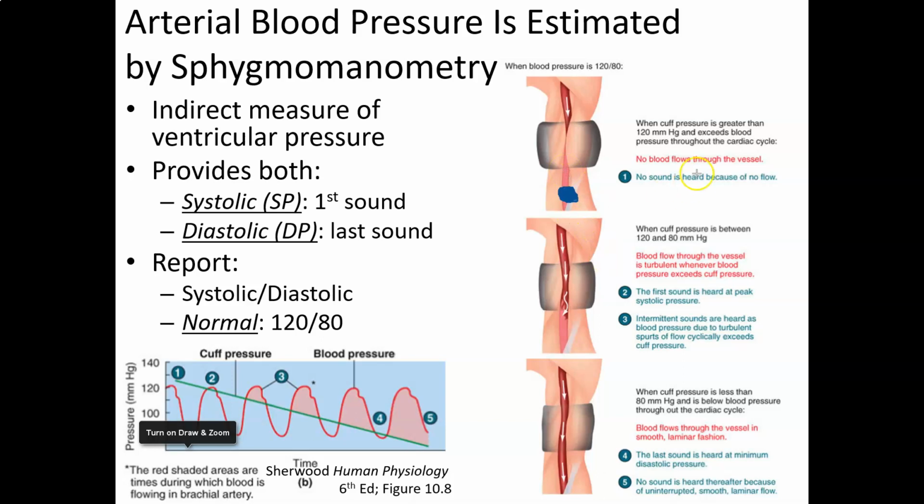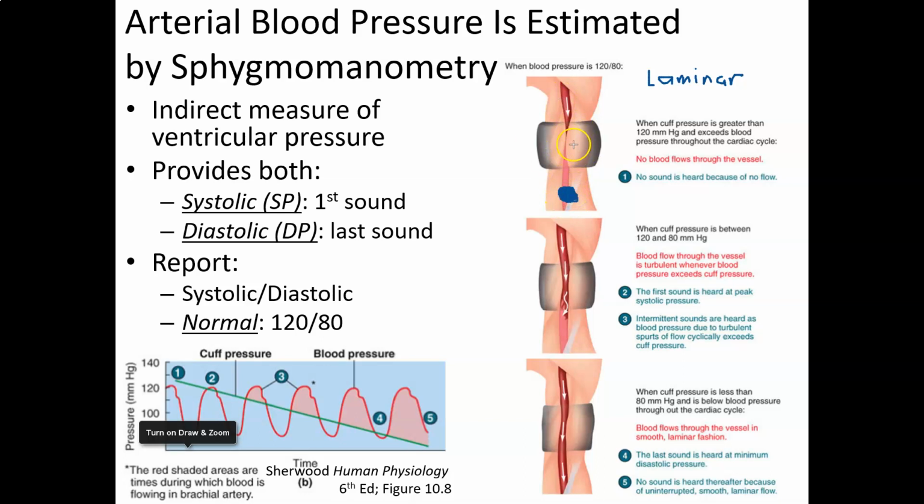That's because the blood flow has what's called laminar flow. Laminar flow is like smooth flow, and so the laminar just doesn't make a sound. So you can't hear anything initially. What we're trying to hear is blood spurt through across the cuff.